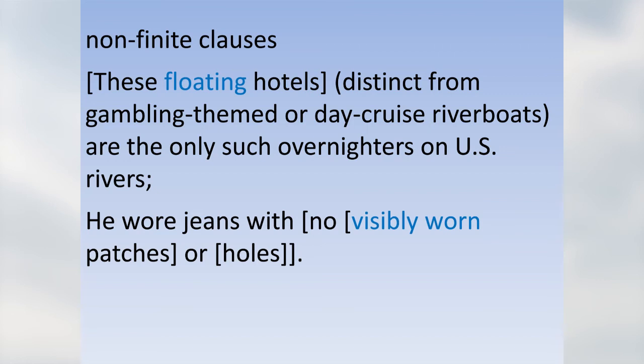Patches is, of course, the head. Visibly is, of course, an adverb, and it's describing a verb, right? Worn is a verb in its past participle form. There's no subject or anything, and that's fine because this is a non-finite clause. So, visibly worn is the non-finite clause, that's its category, it's the internal modifier, that's its function to patches, the head of the clause.